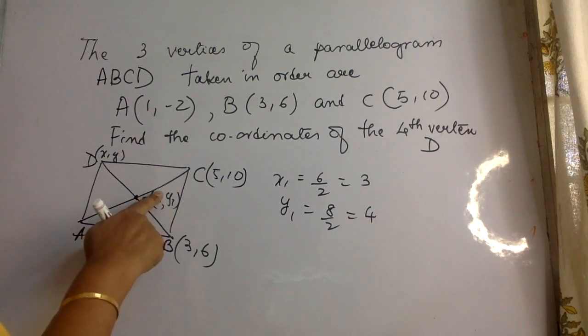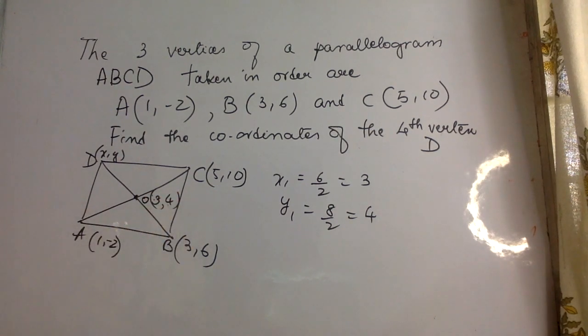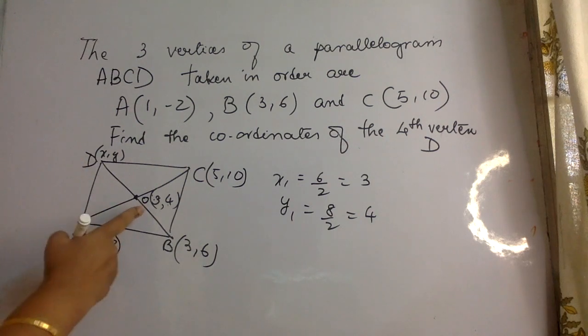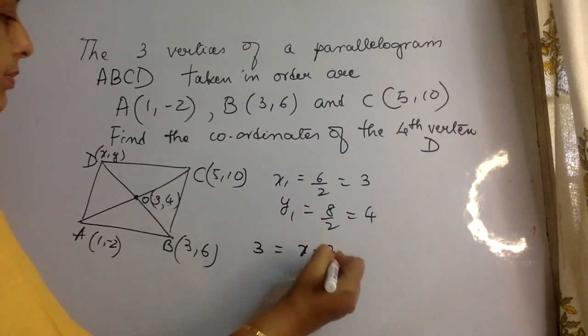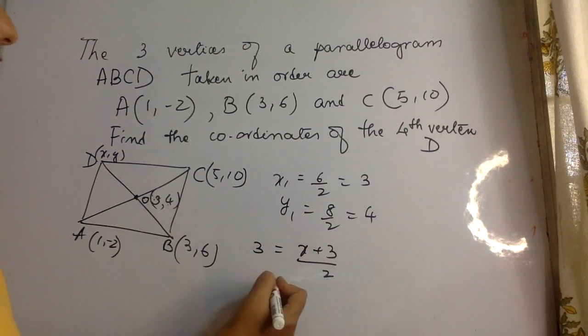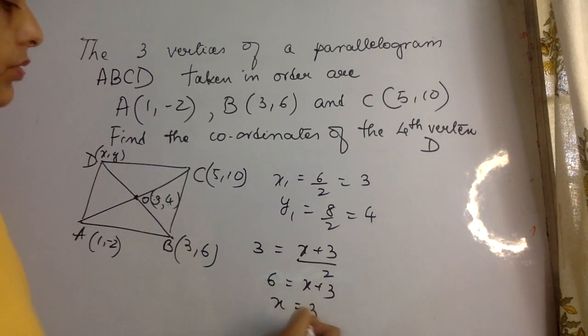Okay, so I can even write it here. Best to write it here. Why write it? Because then it becomes easy to calculate. Now here again I am going to use the midpoint theorem in DB. Therefore 3 is equal to (x plus 3) by 2, that is 6 equals x plus 3, x is equal to 3.